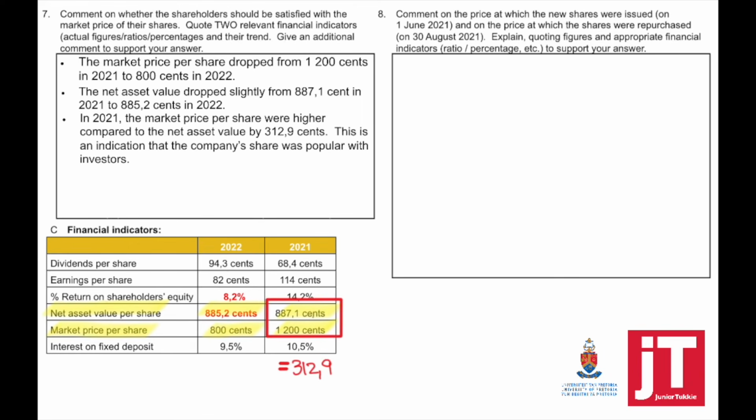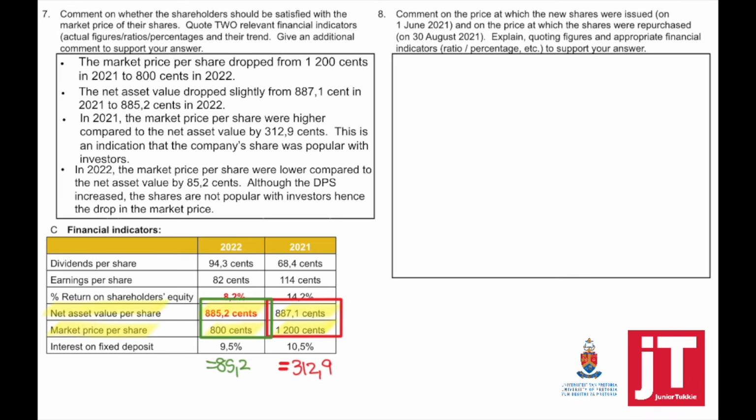If we now compare the net asset value with the market price in 2021, the market price is higher than the net asset value, which means that there is still a demand for the shares. It is popular with investors. But if we now look at 2022, the market price is now below what the shares are actually worth.